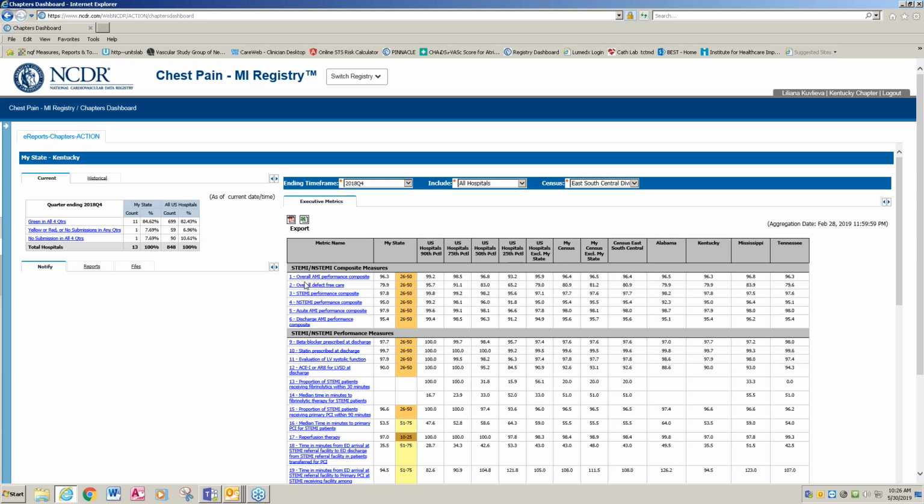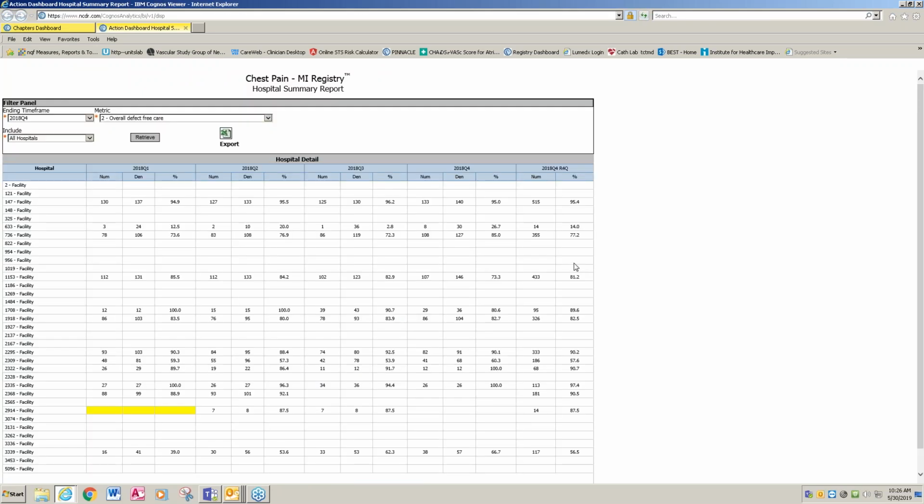They will have this metric shared on the CardioSmart website with all patients and their families.